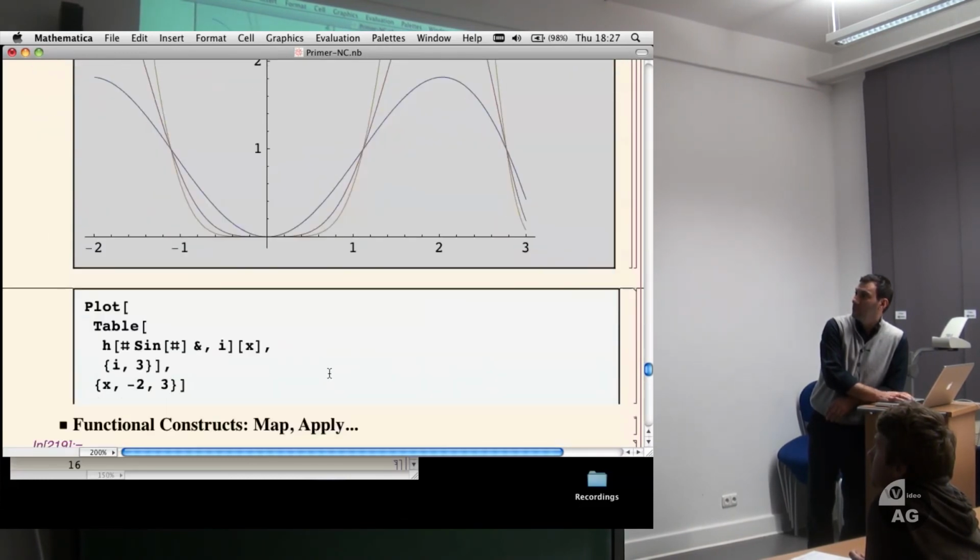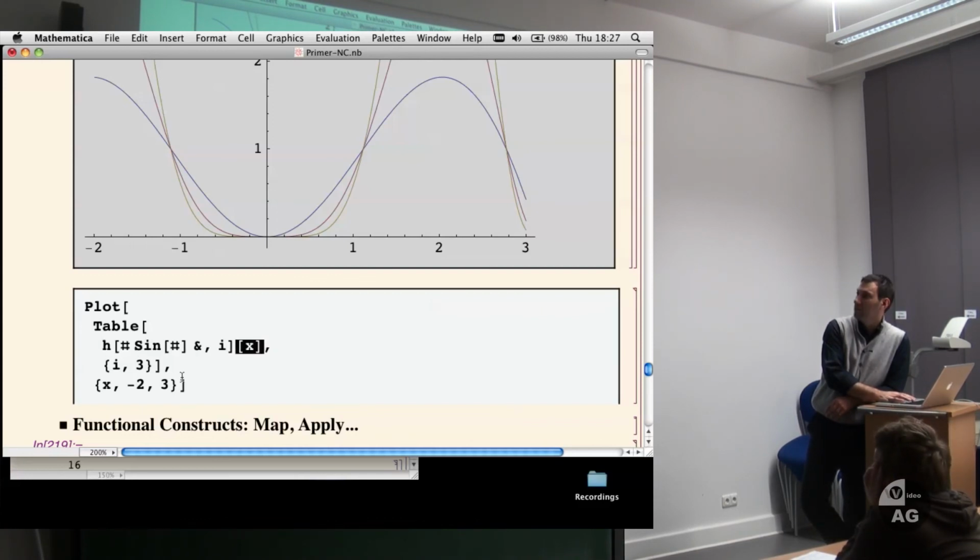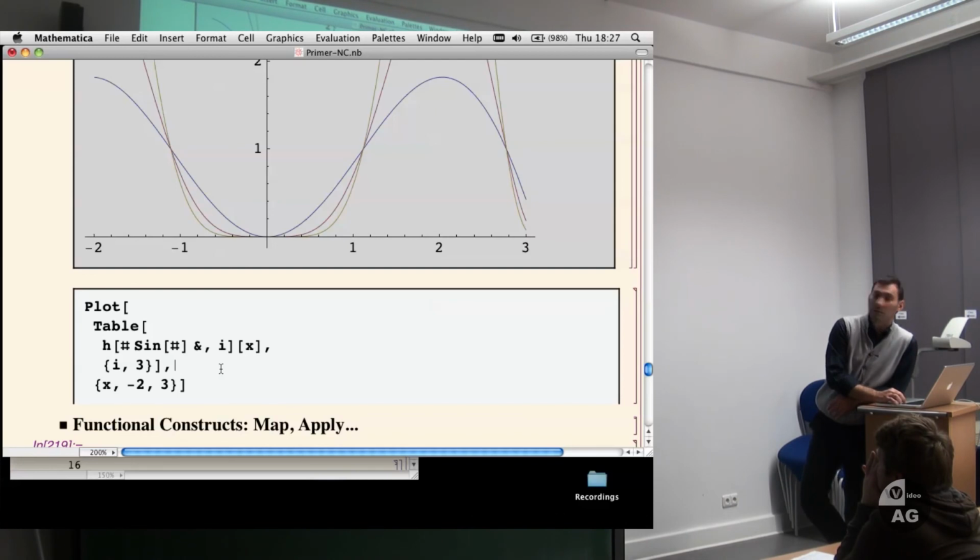And over here, I am doing a similar thing with a table. I am generating a list of functions, and I am evaluating all of them in x. i varies from 1 to 3, so I will get the exact same thing. There will be a tiny little difference. Let's see if anyone catches it. Discrete?